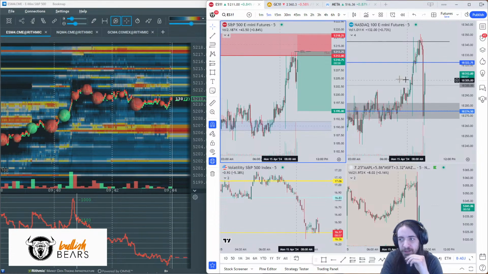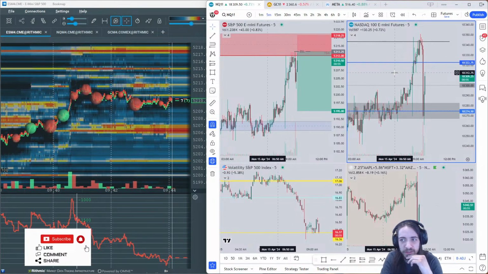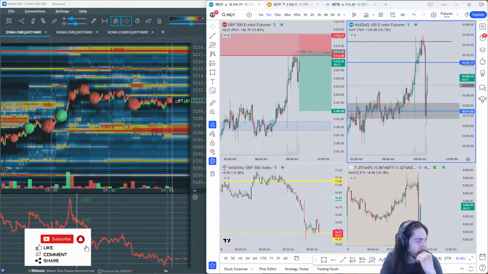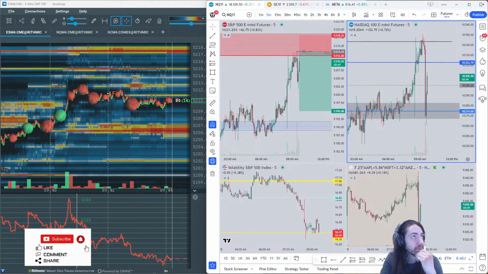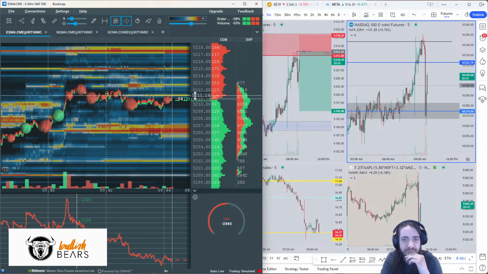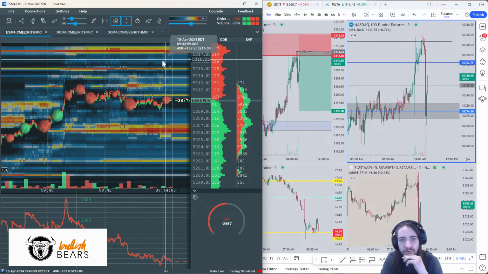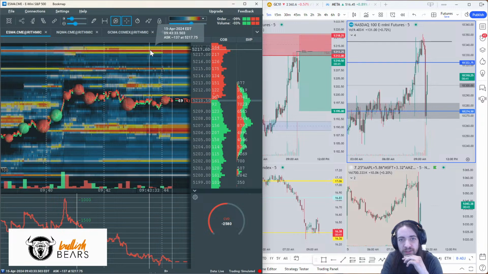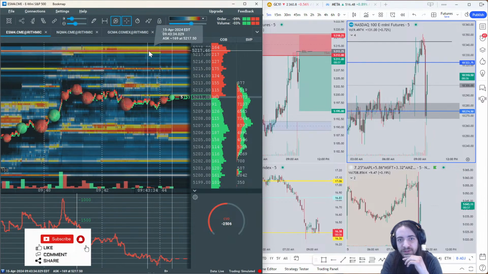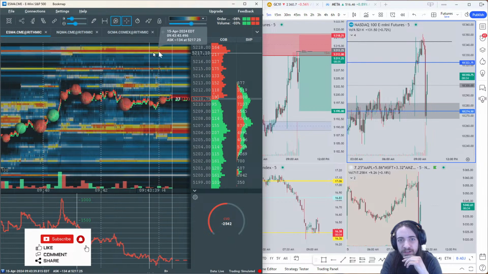I like this buying pressure stepping in. I would not short just yet. You see this heavy area right here, 137 on the ask. That's a lot of sell orders at the 5217 area.